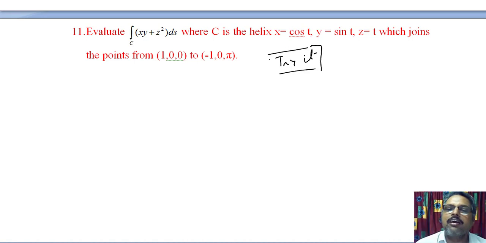Then x is cos t, y is sin t, z is t square, ds by dt into dt. t limits: z equals t, z limits are 0 to pi. But how to find ds by dt?